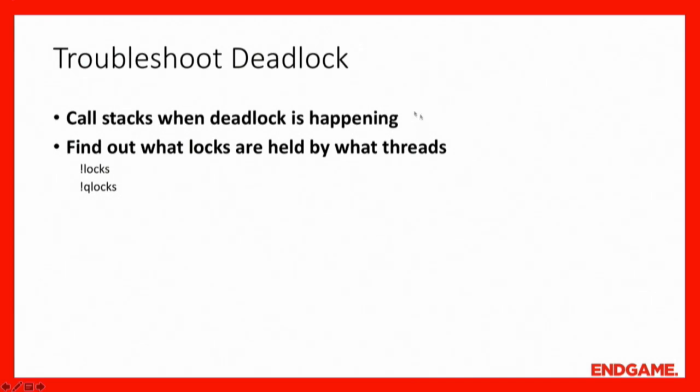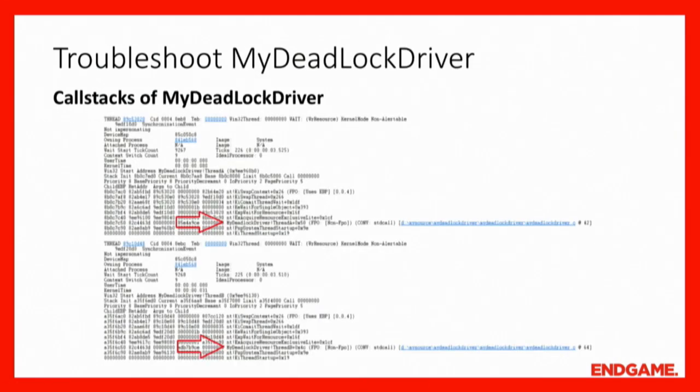How to debug a deadlock? First of all, most important, it's call stacks. First, you get the call stacks, and then find out the lock information on your system to figure out which lock is already held by which thread. I also created a sample code that has a typical deadlock in it.